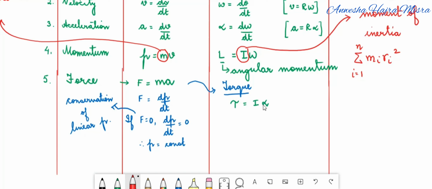Instead of acceleration, here we have alpha, and instead of mass, we have I. Again we know torque is dL by dt. If torque equal to 0, then dL dt is 0.